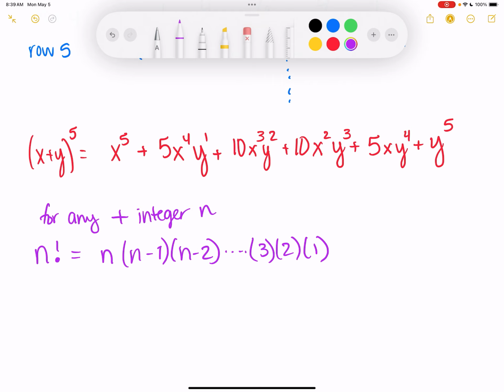Now, let's see. What then is 0 factorial? What's any number raised to the 0 power?